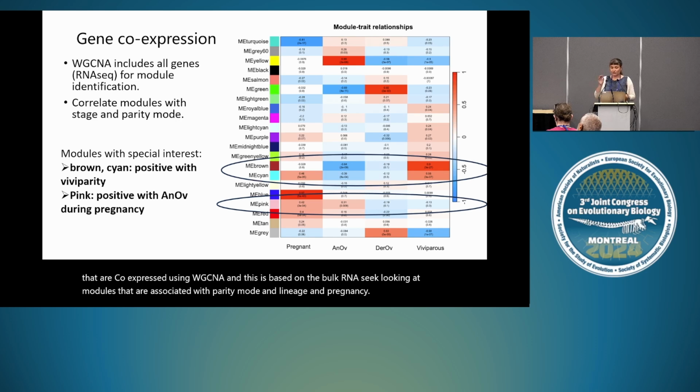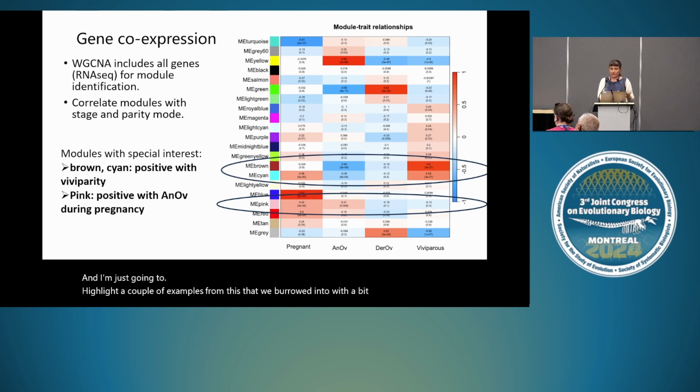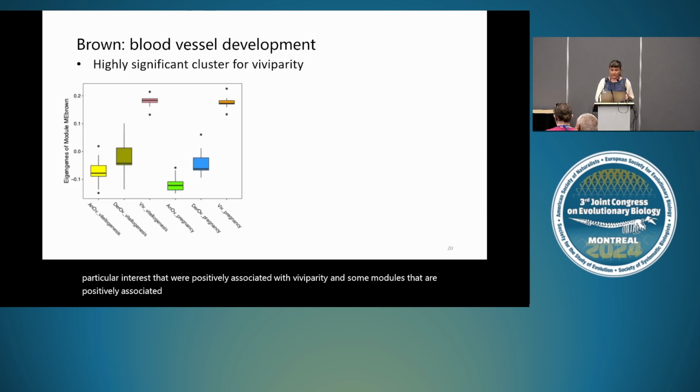And I'm just going to highlight a couple of examples from this that we burrowed into with a bit more detail. So here, the colors are arbitrary, but we have some modules of particular interest that were positively associated with viviparity, and some modules that are positively associated with oviparity.